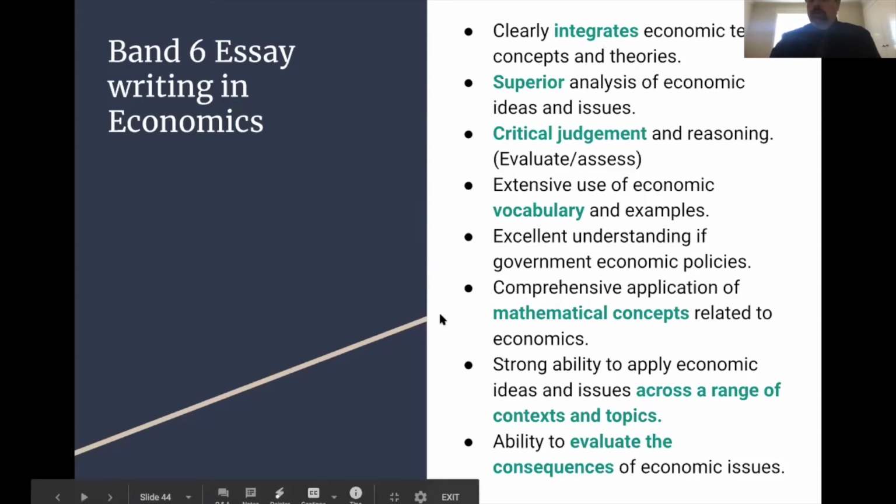I always say to my students, your ability to take one topic and cross it over with another topic, and make a superior analysis and judgment around the connection, really is where the high marks are. These dot points really come from the course descriptors in economics for getting a band 6.